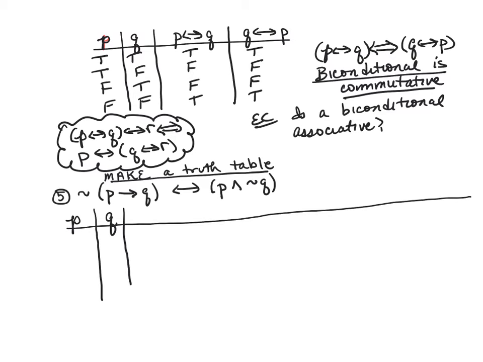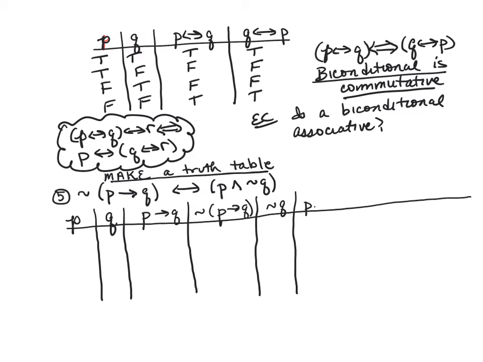And then we'll build the left side. So I have if P, then Q goes first. And then we'll negate that column. Then I'll put a not Q column, which could have been done earlier, but it's okay.